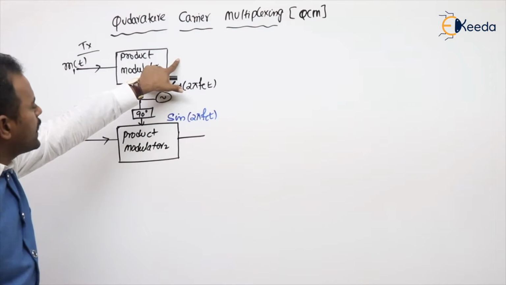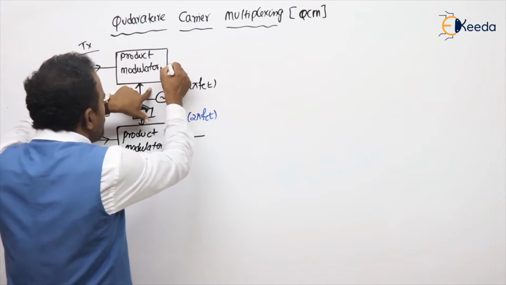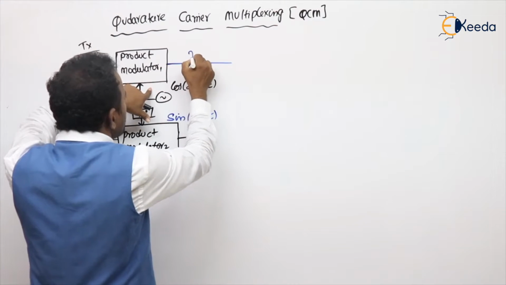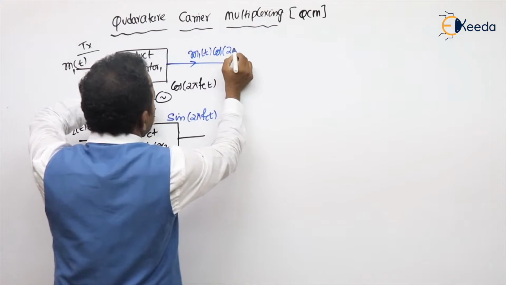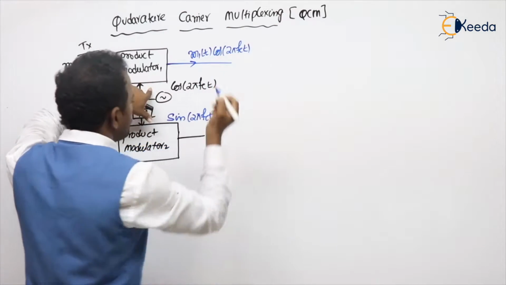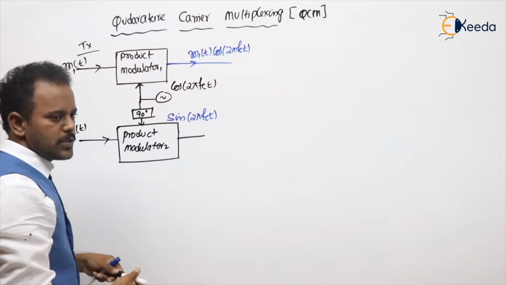What is the output you will get here? M1 of t multiplied with the carrier, meaning M1 of t into cos 2 pi fct. Here, sir, what will you get?